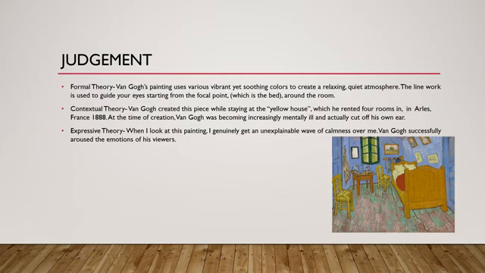I think formal theory is the most efficient way of evaluating this work of art, just because of the brilliant use of the vibrant colors and the textural methods that he used and the line work to guide your eyes to make sure you don't miss any detail in this painting.